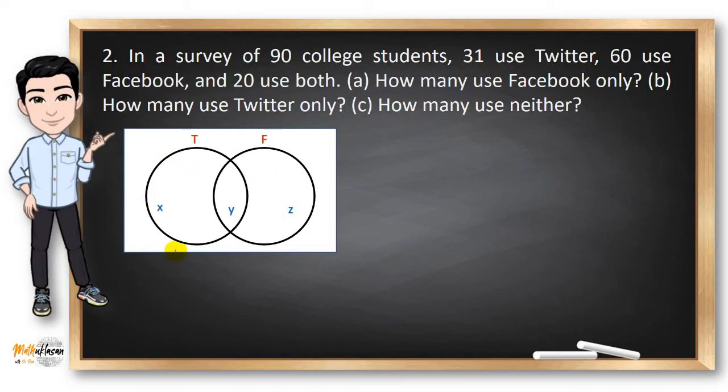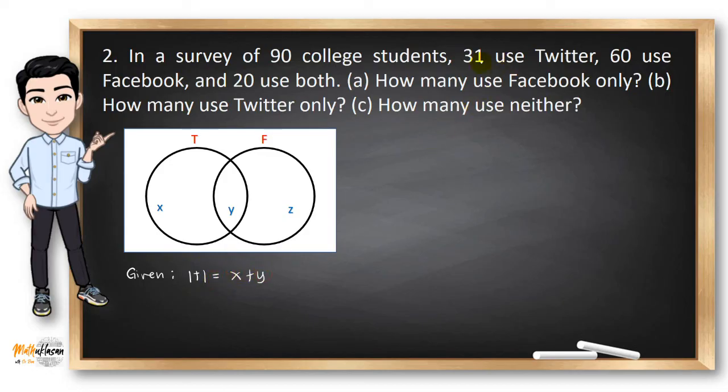Now, we can see here that we have a Venn diagram, again, with 2 overlapping circles, because some of the Twitter users are also Facebook users. Now, for the given, we have here 31 use Twitter. So if x is the number of students who use Twitter only, we have the cardinality of T equals x plus y.